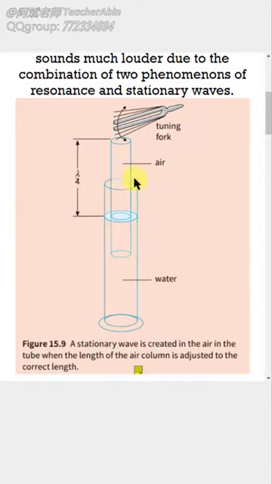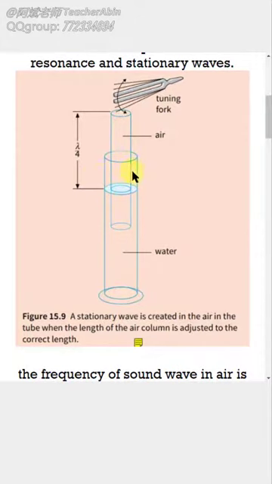In addition, there is something not shown in this figure. This tube is clamped by a clamp which is fixed on a retort stand. So it's easy to adjust the height of the tube to change the length of the air column. Then how to determine when there is a standing wave happening?